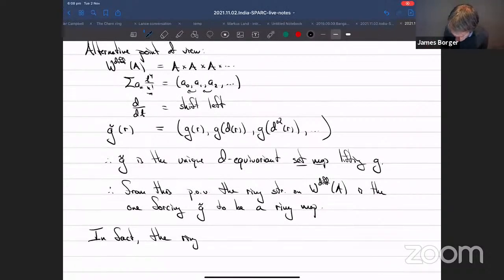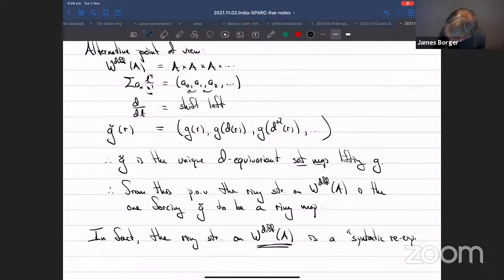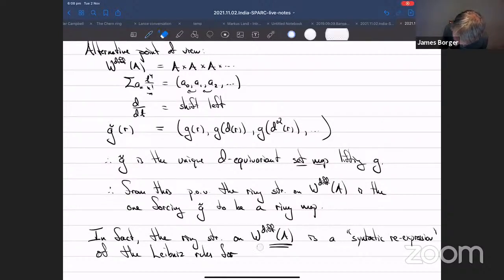The ring structure on W diff A, if we think about these things as vectors rather than as power series, is, I'll put it this way, a syntactic re-expression of the Leibniz rules for the derivative operator and all of the higher derivatives as well.